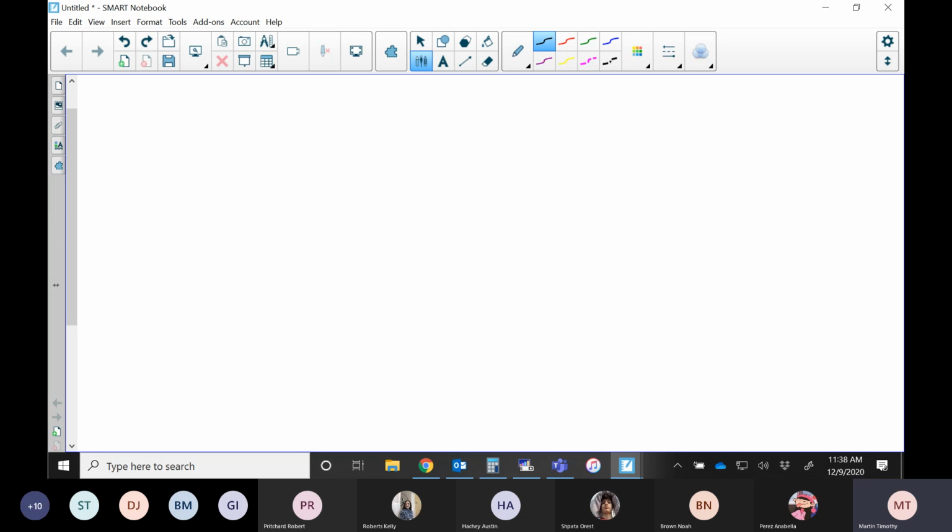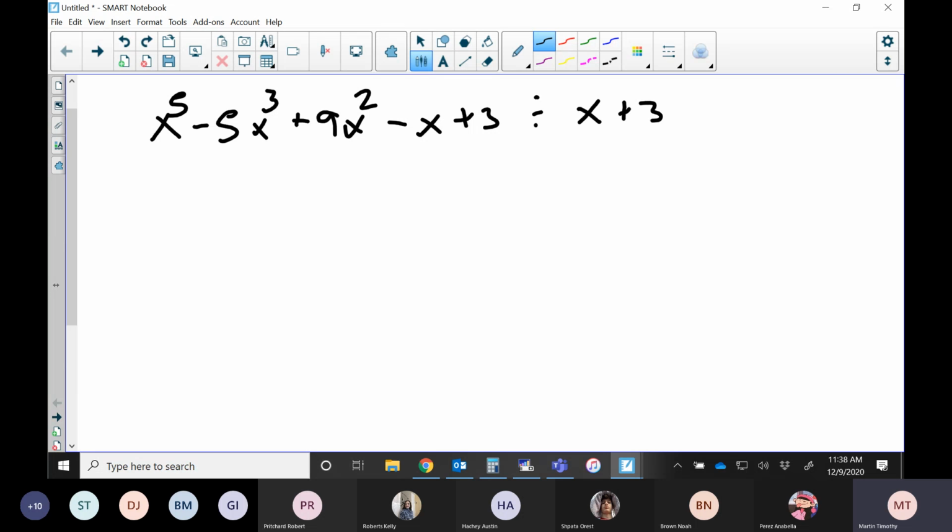All right. Say I give you x to the 5th minus 5x cubed plus 9x squared minus x plus 3, and I ask you to divide that by x plus 3. I'm going to go much quicker. What makes this 0?